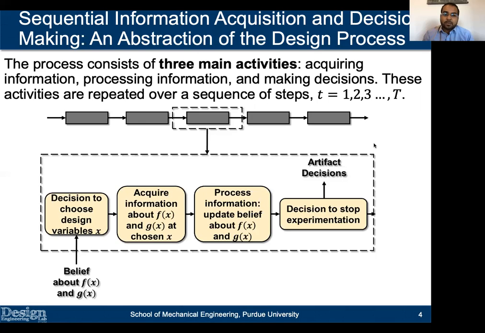This happens sequentially. But in this particular scenario, we are focusing on just the decision to choose these X variables, and mainly on the first time step, because the hypothesis is that the first decision will be primarily driven by their prior knowledge, and that will help us identify inductive biases.